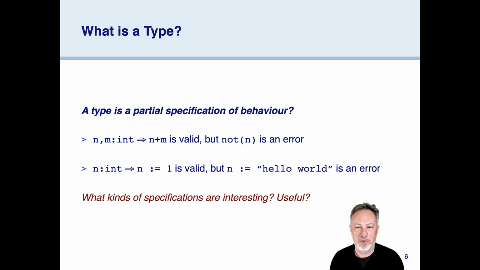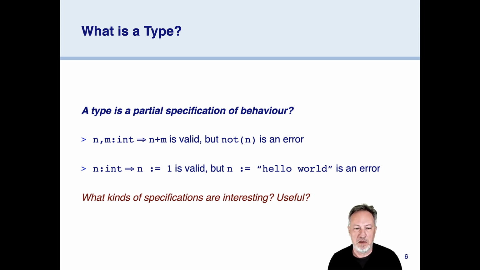So, for example, when we say that n and m are integers, and n plus m is valid, but logical negation, not n, is an error, it means that there's some mismatch in the behavior of n, which doesn't allow the logical negation operator to be applied to it.